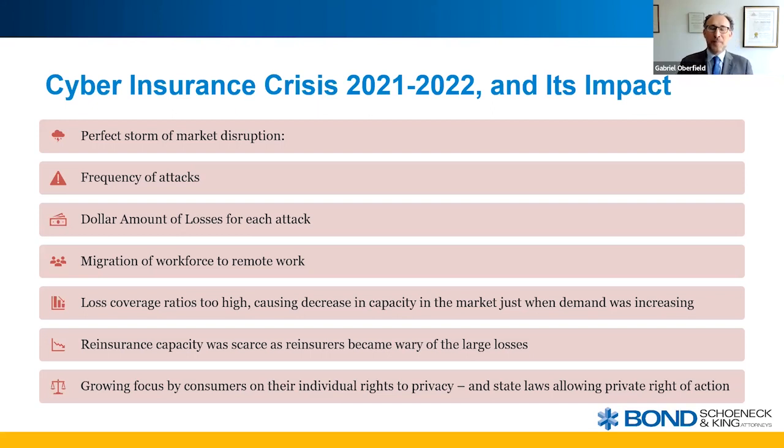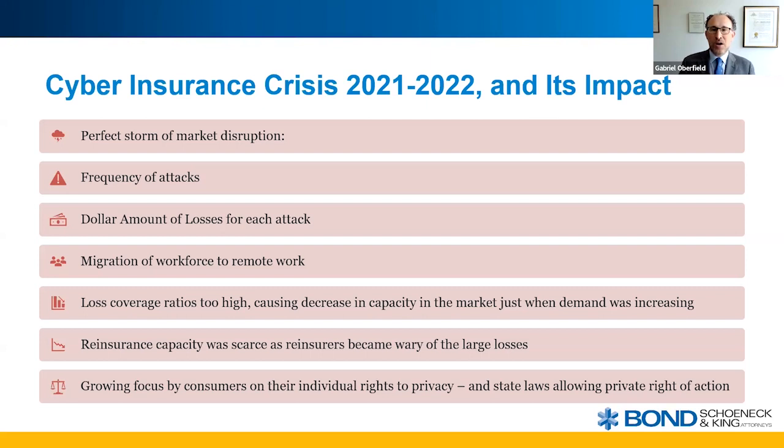But as we look back in time in terms of how we got here, there was a perfect storm of market disruption where we saw an increase in frequency of cyber attacks. We saw greater losses for each of those cyber attacks.